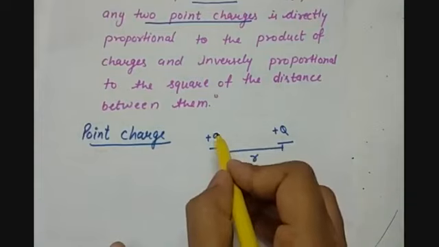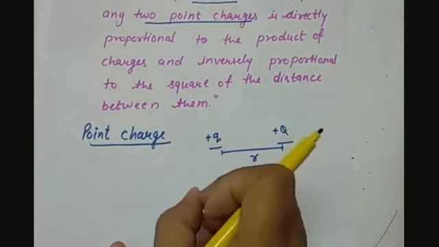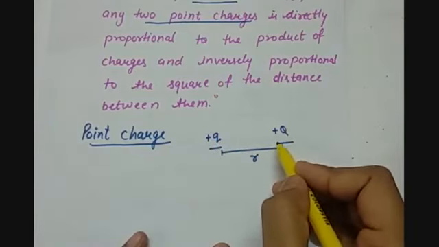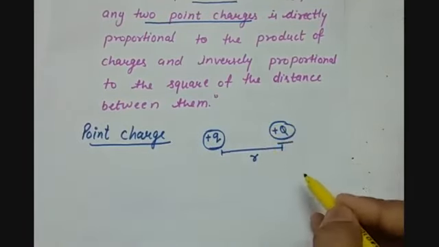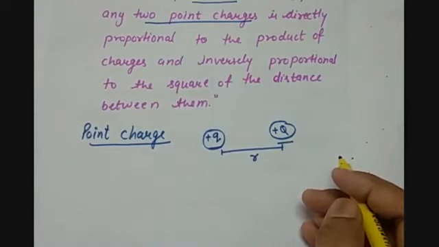When the size of the body is much smaller as compared to the distance separating them, then these charged bodies are called point charges, because their size is very small as compared to the distance between them.